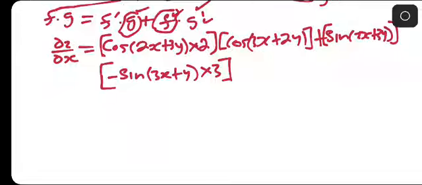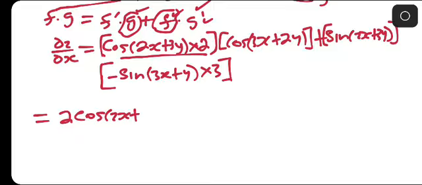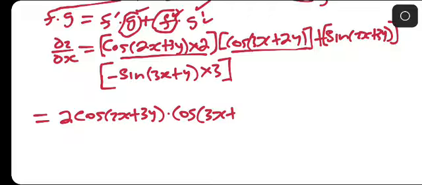This will be equal to, here, this is multiplied by that 2. I can write these 2 here. This will be cos 2x plus 3y, the original one, simply multiplied by cos 3x plus 2y.